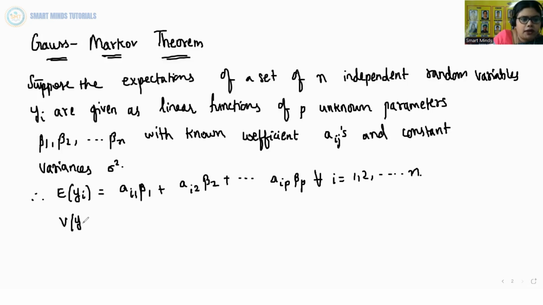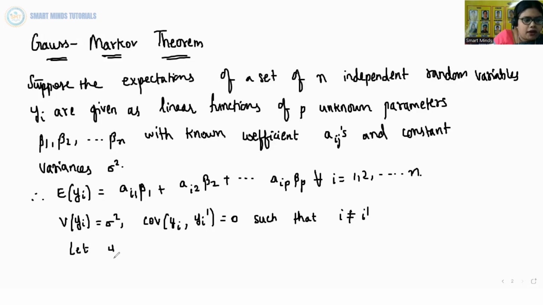Now V of yi is equal to sigma square. COV of yi, yi dash is equal to 0, such that i is not equal to i dash.